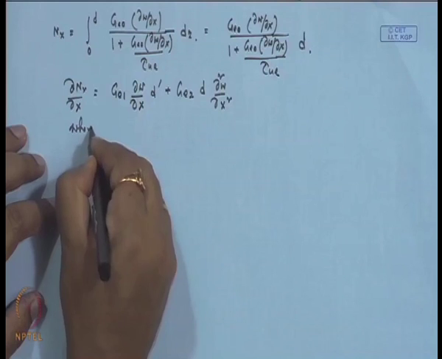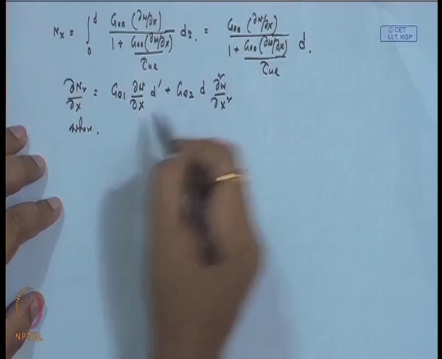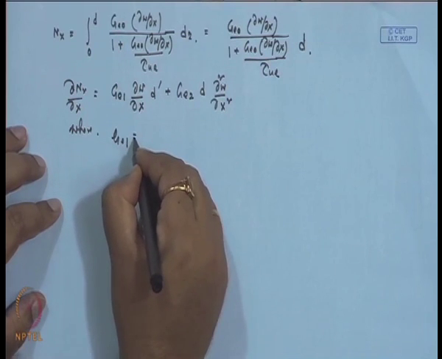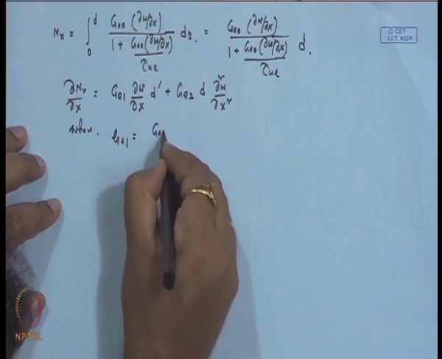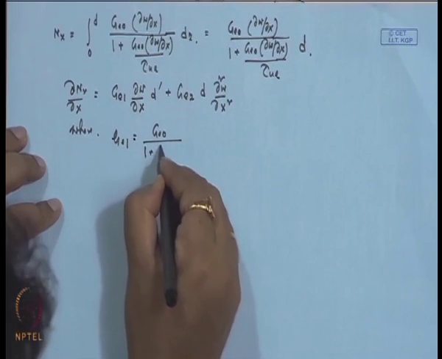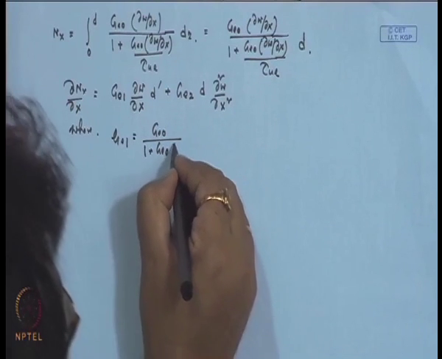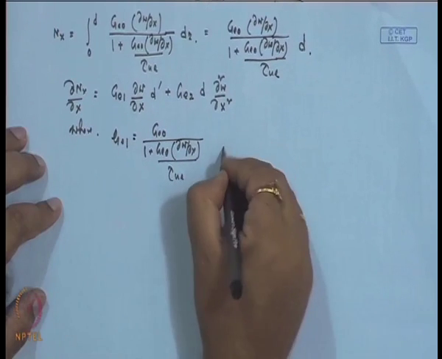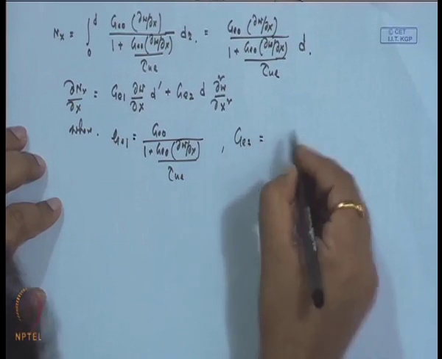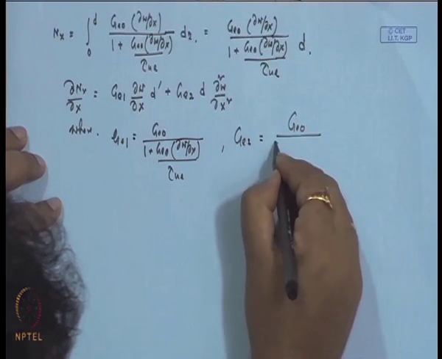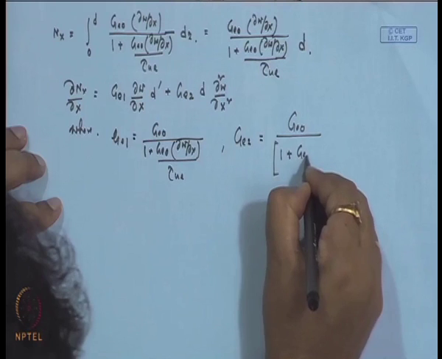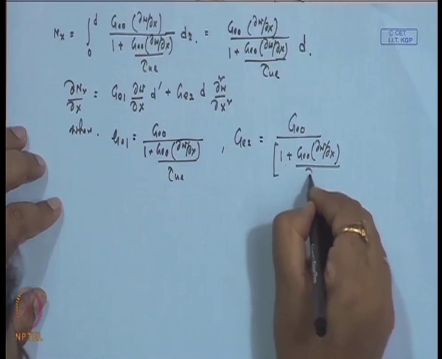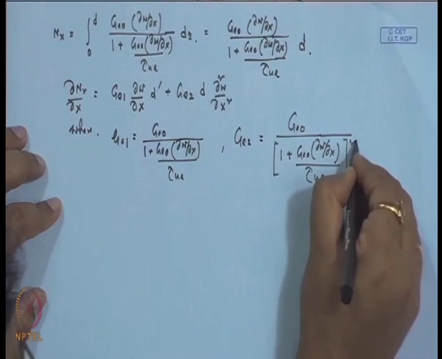where, just to derive this expression we will get in this form, where G e 1 is G e 0 by 1 plus G e 0 del w del x into tau u e, and G e 2 is equal to G e 0 by 1 plus G e 0 del w del x divided by tau u e, into whole square.